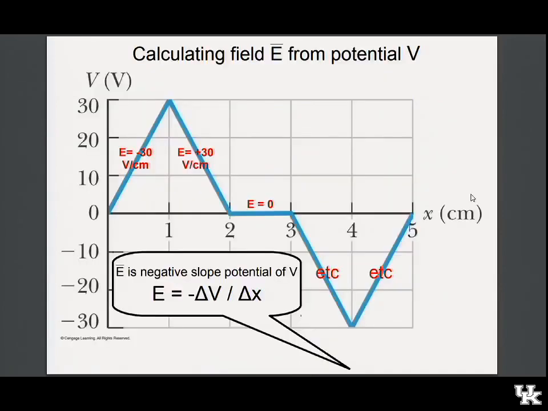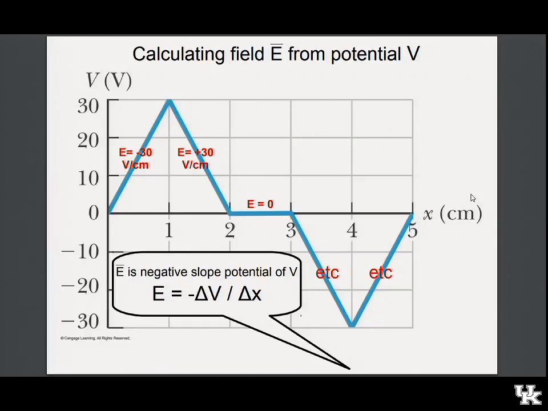Let's look at an example of this relationship between the electrical potential and the electric field. On this graph, I'm picturing horizontally space, location in space, which I called the x-axis. So imagine walking up and down the x-axis.